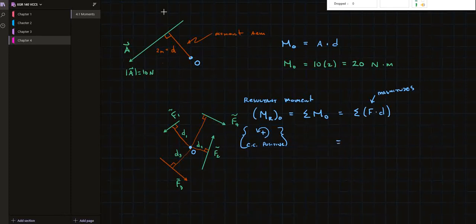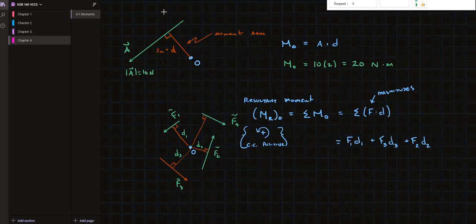So we end up with force 1 times d1, and that's going to be a positive number. It's heading in the positive direction. Plus, we'll go force 3 d3. I'm just going to go around in a circle so I don't miss one. Plus F2 d2.